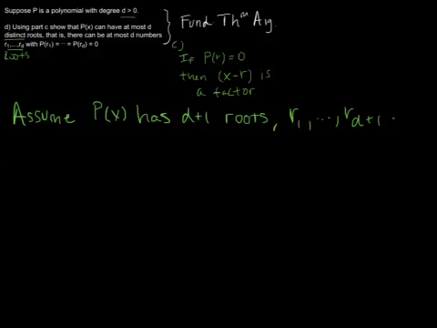And that should raise a red flag, because if the degree of your polynomial is d, well then how could you have d plus 1 factors? Because each factor will increase the degree of your polynomial by 1. So if you had d plus 1 factors, your degree would have to be, you guessed it, d plus 1.